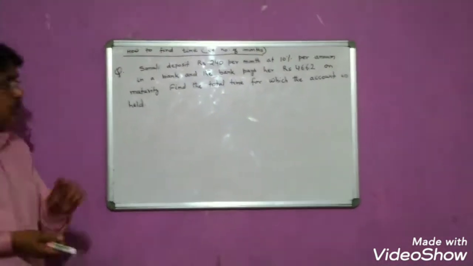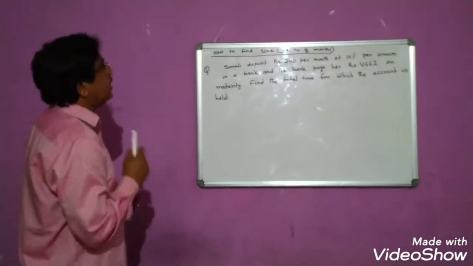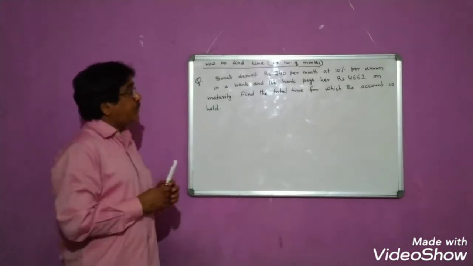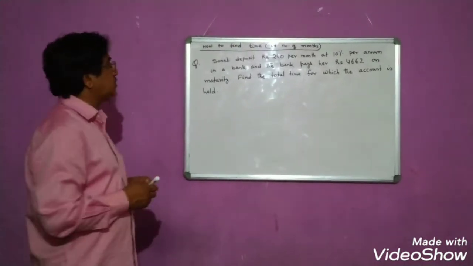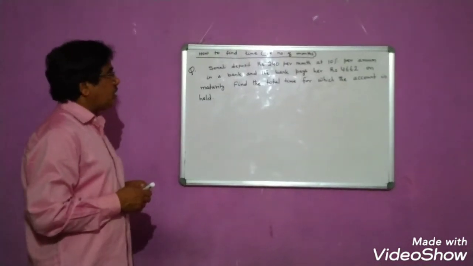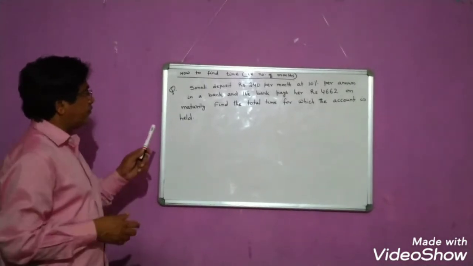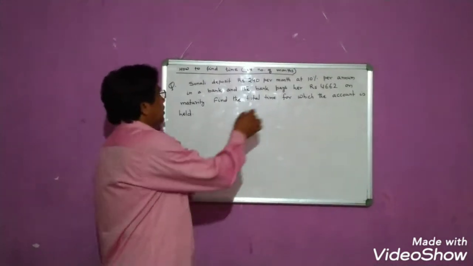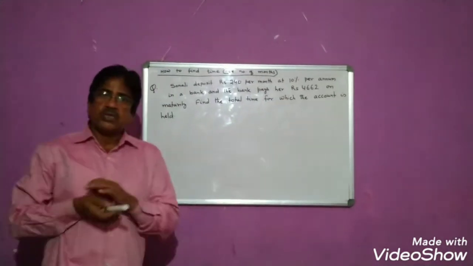In this question you will find that the monthly deposit value is given, the rate percent is known to us, and at the same time we also have the maturity amount, that is 4,662.